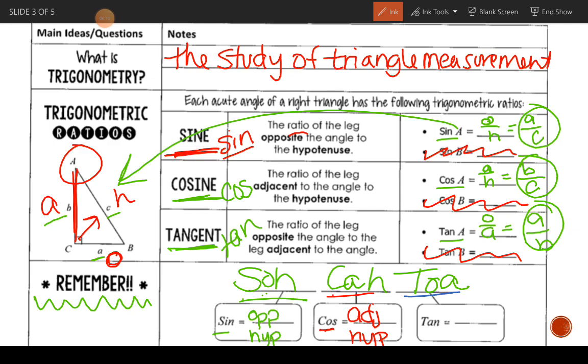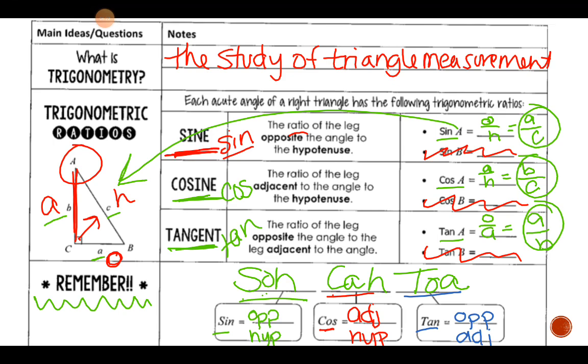And then the T in TOA stands for tangent, which is equal to opposite over adjacent. We use this little acronym to help us find our trig ratio.